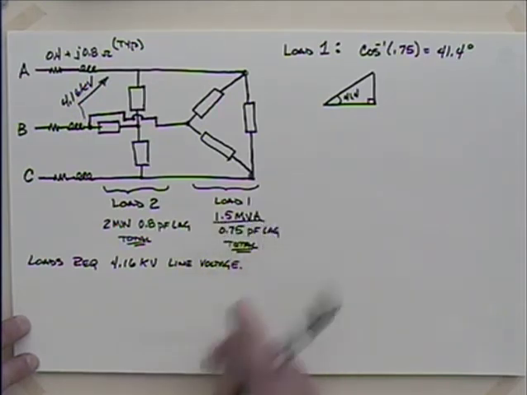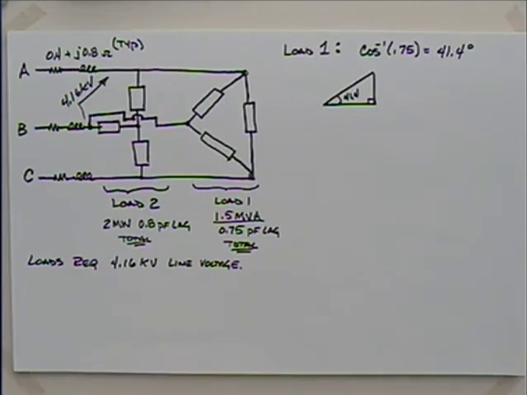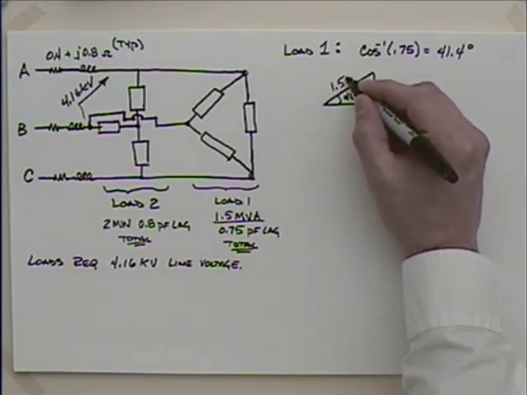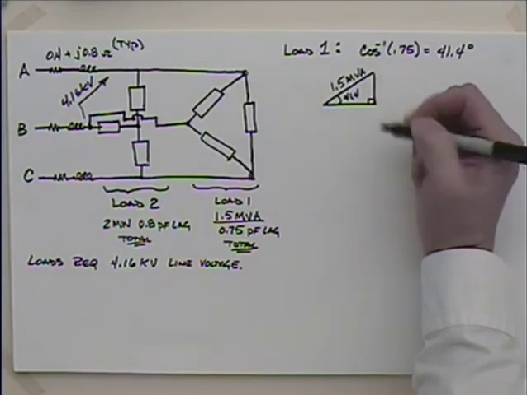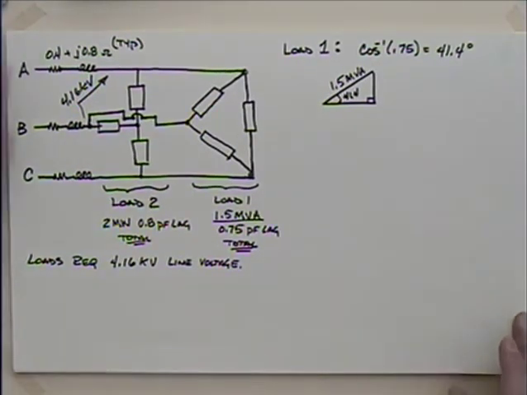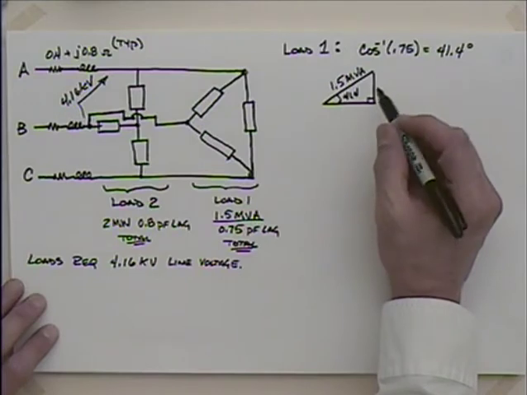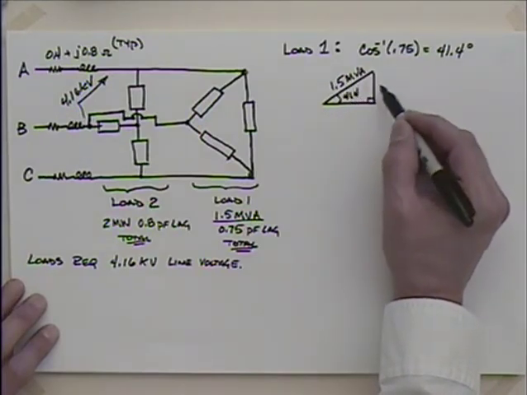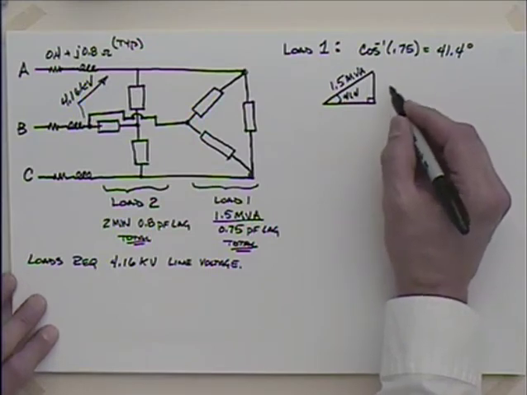And it's 1.5 megavolt amps. So when we read that, we should think immediately, which part of the triangle is that? That's the hypotenuse, isn't it? 1.5 megavolt amps. So we could break that up if we wanted to. Basic right triangle trig, pretty easy to do there. 1.5 meg times the cosine of 41.4 and the sine of 41.4.